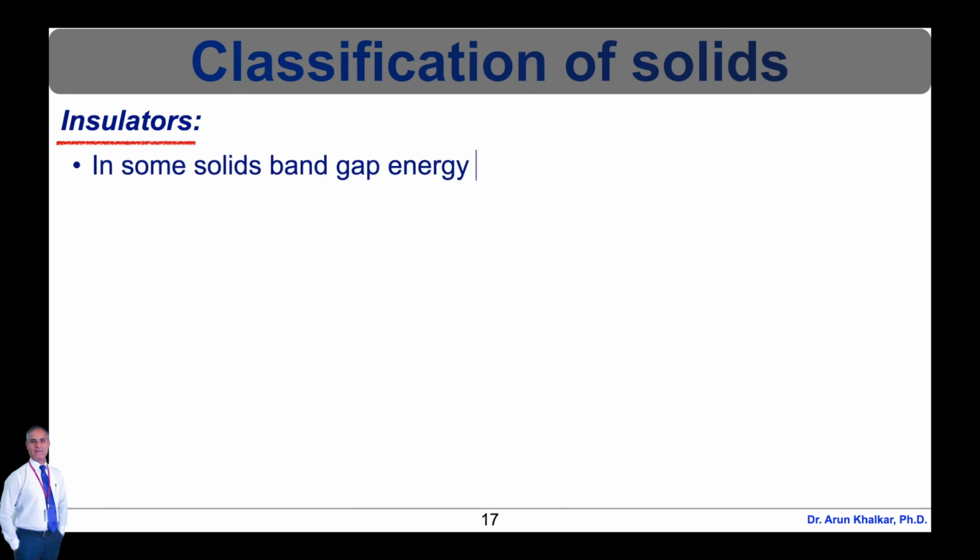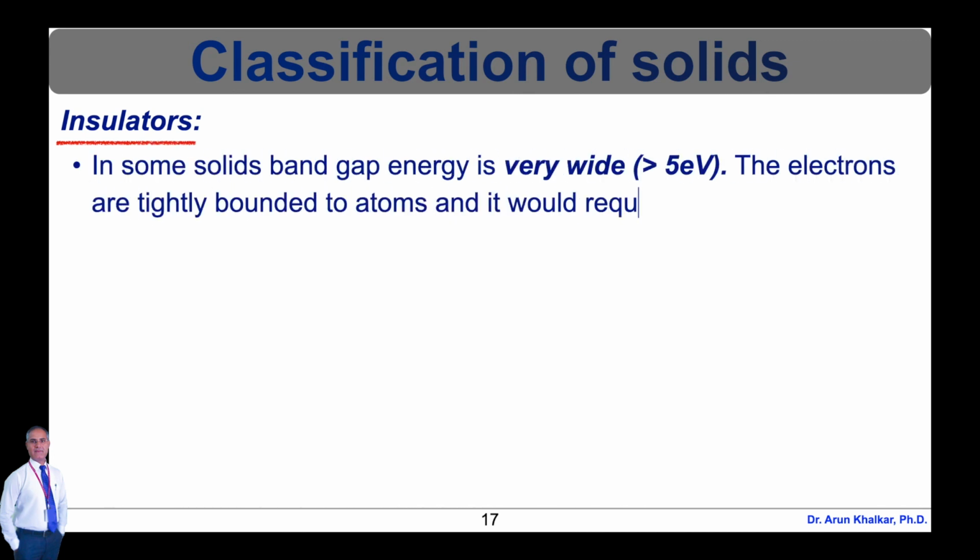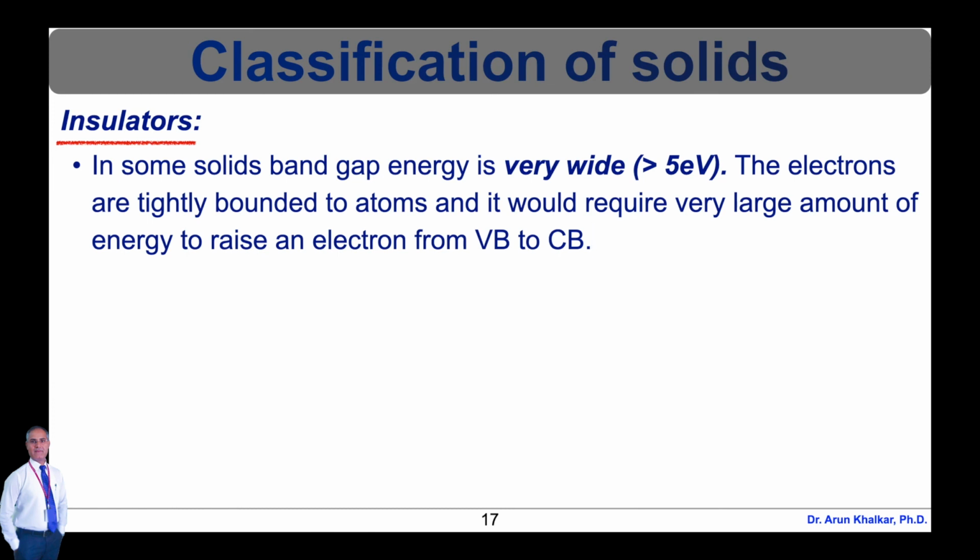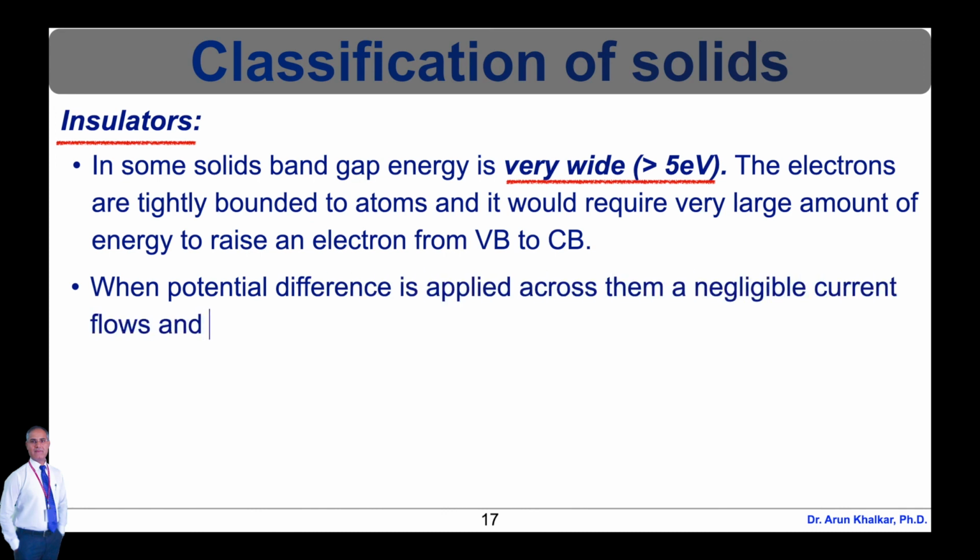Now let's see insulators. In some solids, the band gap energy is very wide, which is greater than 5 electron volt. The electrons are tightly bonded to atoms and it would require a very large amount of energy to raise an electron from the valence band to the conduction band. Very few electrons can get this large amount of energy at ambient temperature, hence there are only a few electrons present in the conduction band.